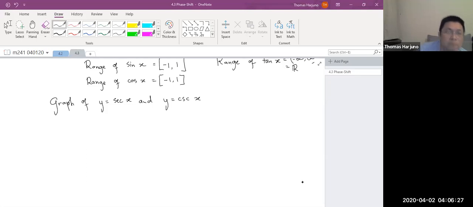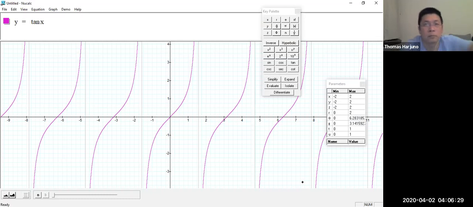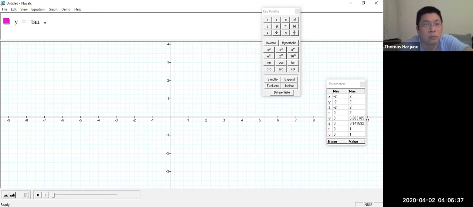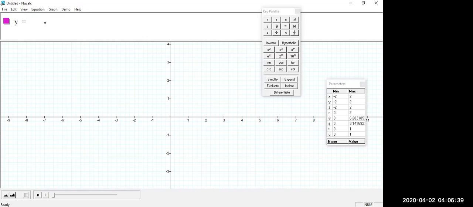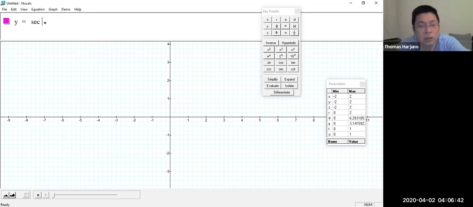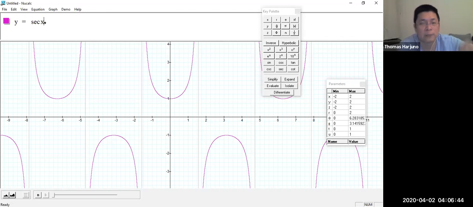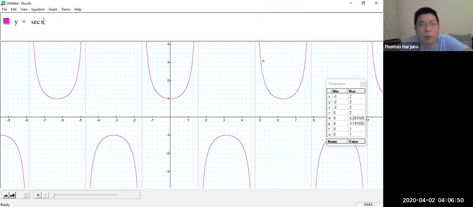Okay, now let's see what's the graph of, for example, secant x first. Are you seeing my graphing paper, by the way? Yes. Okay, so y equals secant x. Seems like our secant x has no pattern, huh?